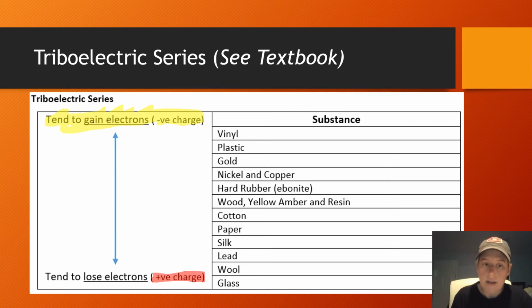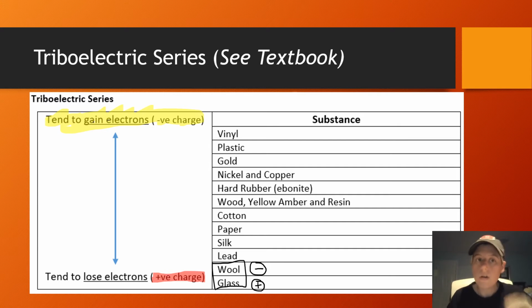And what we actually have to do here is look at the relationship between two materials. So if we were looking at wool and glass, we see that they are down here. And it's always a position-based chart. We can see that glass is closer to the positive end than wool. So that means wool is going to have a negative charge and glass is going to have a positive charge.